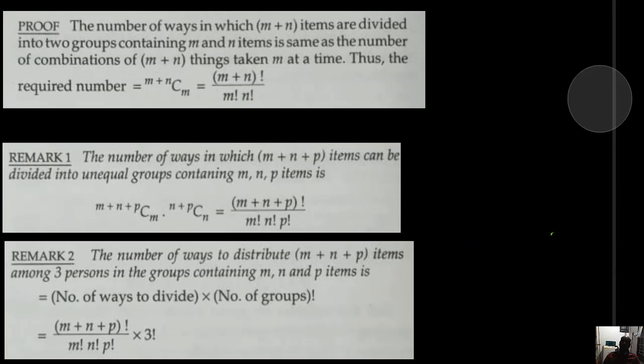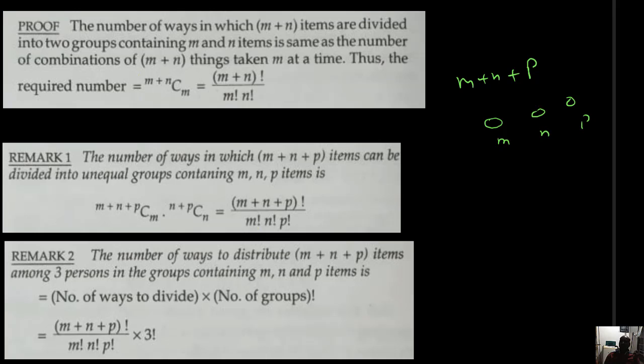So finalizing, m plus n plus p things are there, all are different. You want to make them into 3 groups. One group containing m, another group containing n, another group containing p. Groups I am saying, names of the groups are not given, order is not important. How many ways you can divide, directly you can say (m plus n plus p) factorial by m factorial into n factorial into p factorial.